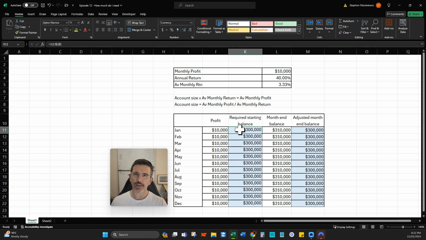Now, straight away, that gives somebody who's new to Forex trading a little bit more of an idea of the numbers that are involved.